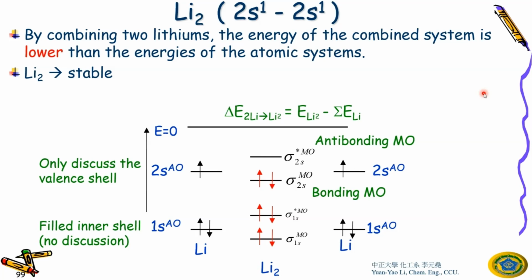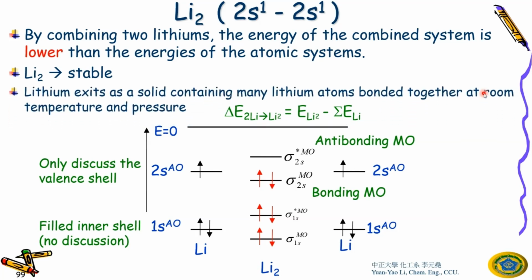As you can realize, here we just talk about 2 lithium atoms getting together to become a molecule, which is more stable than 1 atom. After that, we are going to talk about metallic bonds, which are more stable than the lithium molecule. So lithium exists as a solid containing many lithium atoms bonded together at room temperature and pressure.